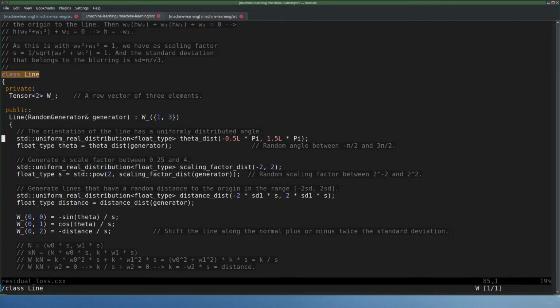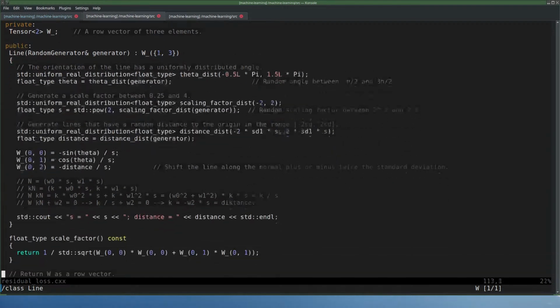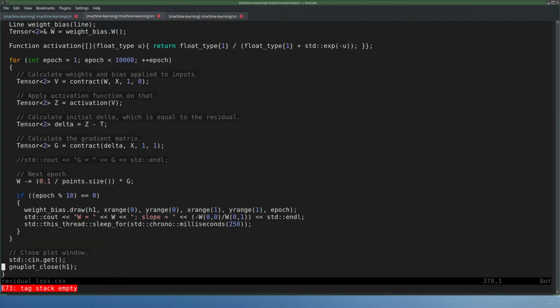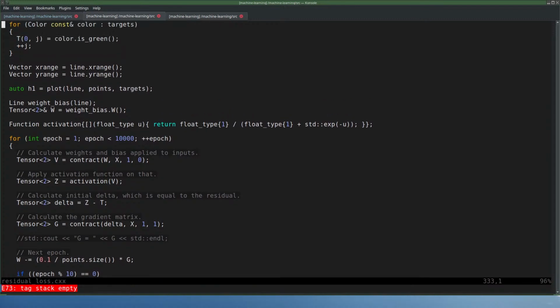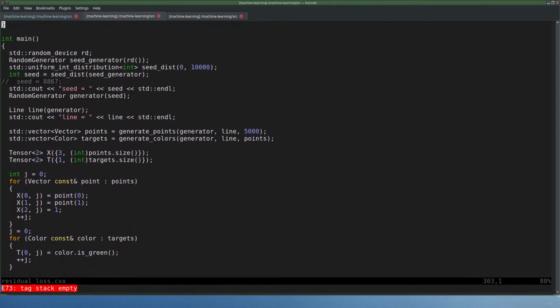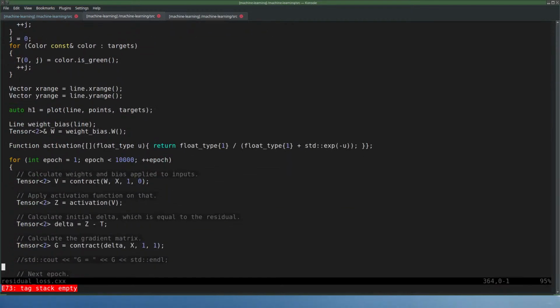Can just construct a new one, passing a random generator. Get an arbitrary other line. Should do it. Do we have a random generator here? Yeah, even that. So instead of starting with the answer, we just generate a new one.